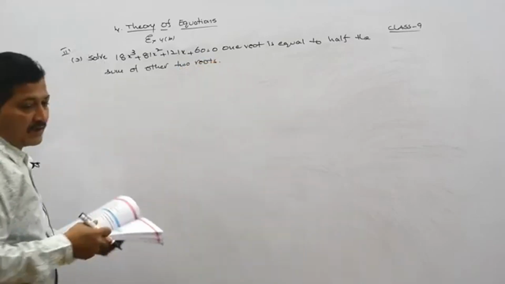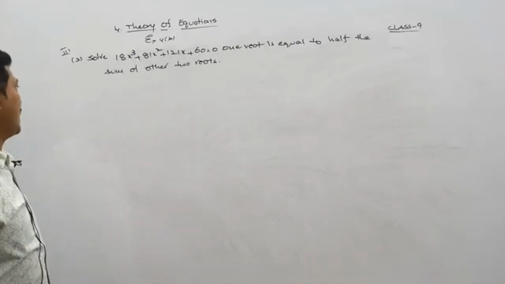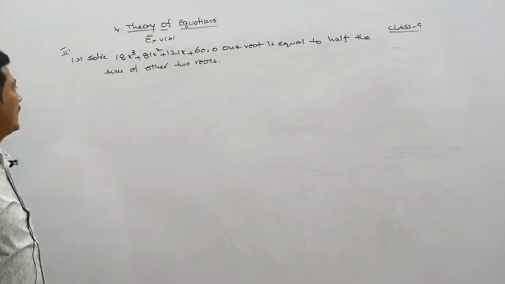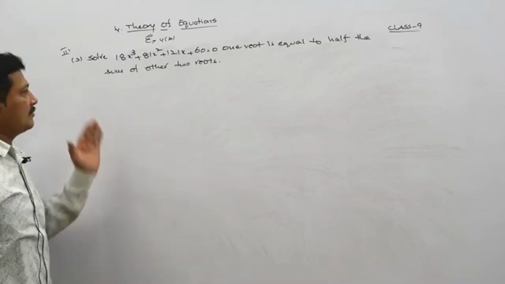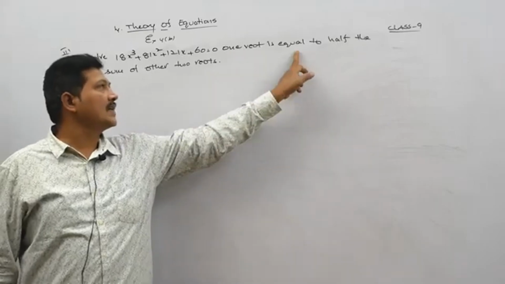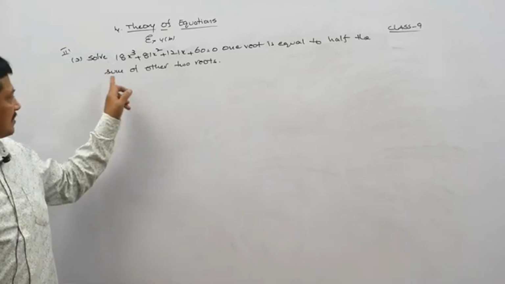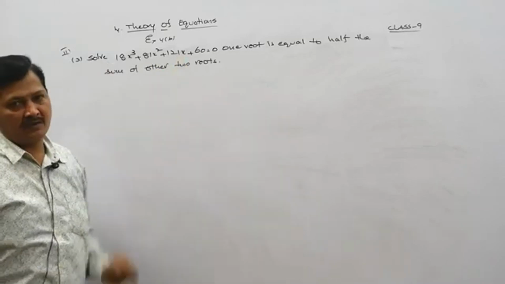So we are given a third degree equation, and most importantly we know that a third degree equation will have at most 3 roots. To find the roots of this equation we are given a relation: one root is equal to half the sum of the other two roots.